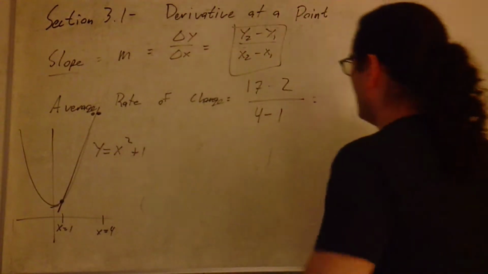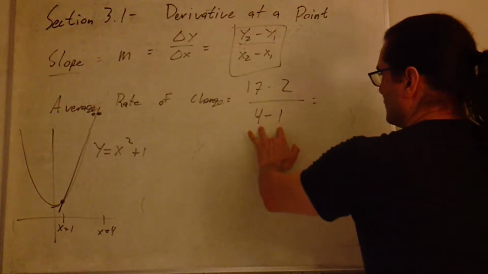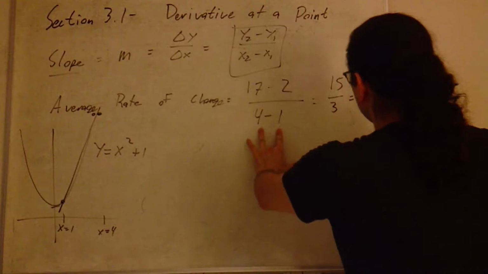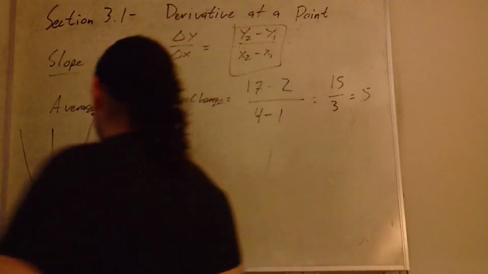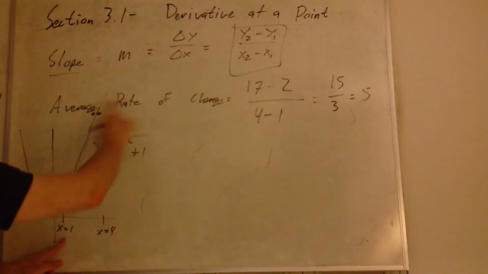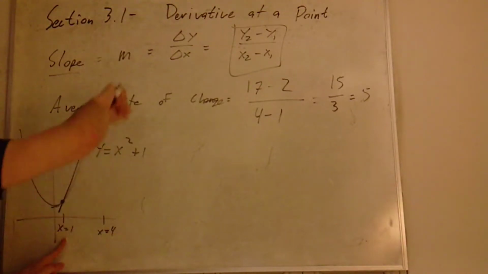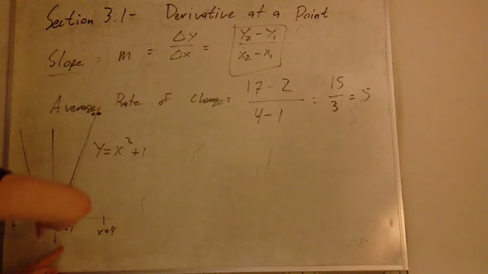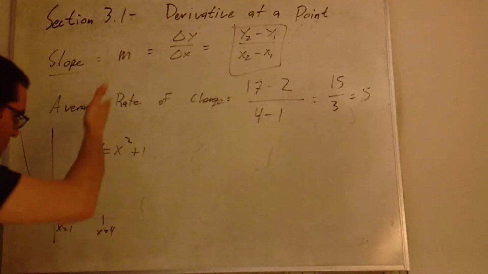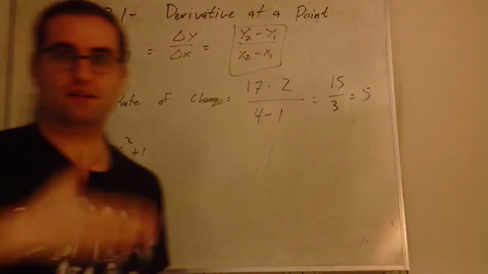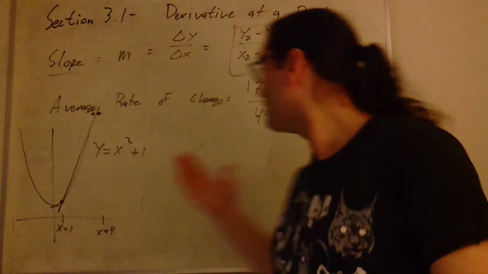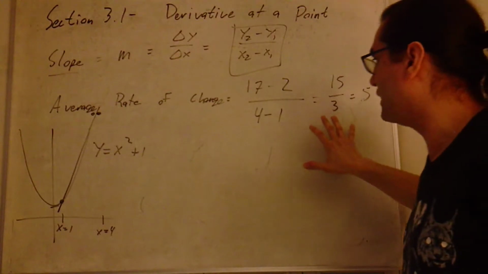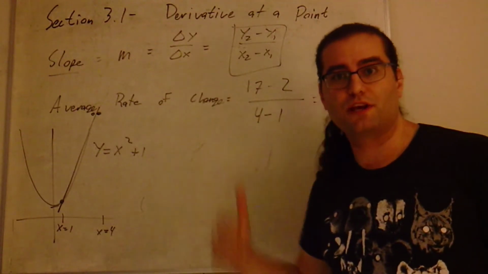So I'll do these two differences and then subtract them. I should get 15 over 3 is 5. So the average rate of change of this curvy wiggle line between x equals 1 and x equals 4 is 5, which corresponds to what we can see on this graph here. We were expecting a steep positive number. 5 is a pretty steep positive number. We got that. So this is how we can get average rates of change.